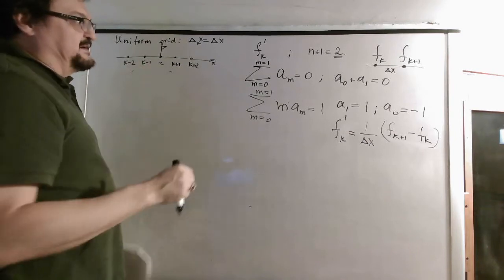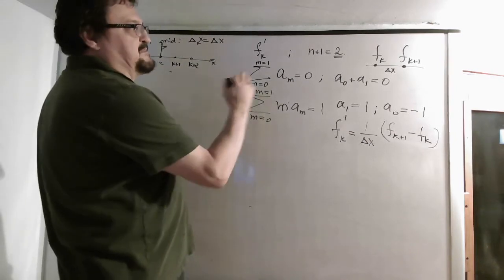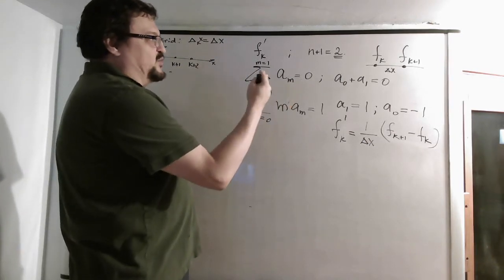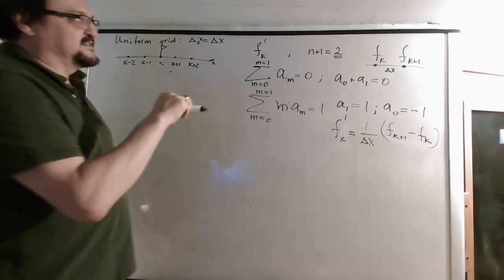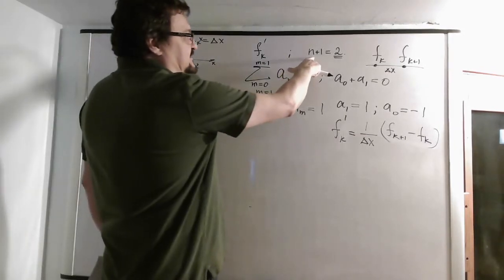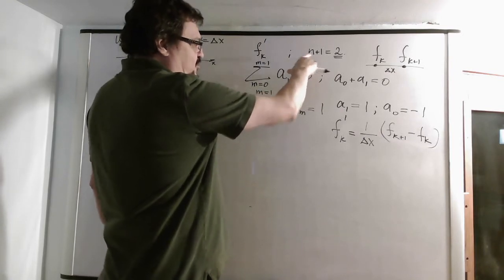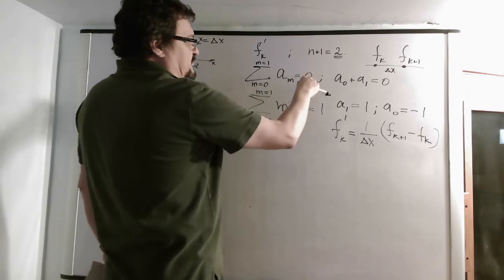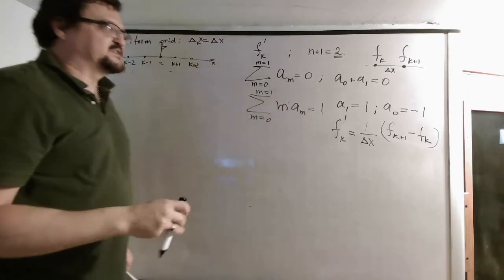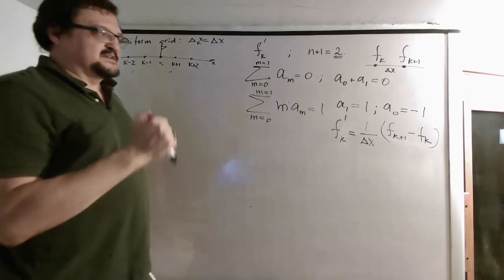So now, this is the minimum accuracy. Generally, the truncation error is the power of the number of equations that we use, minus 1.